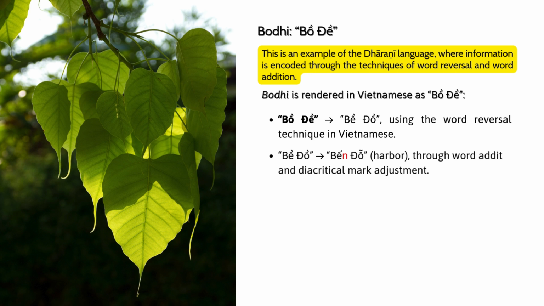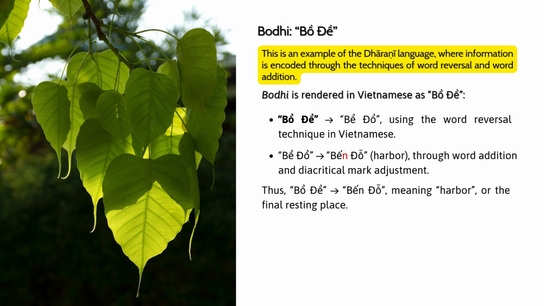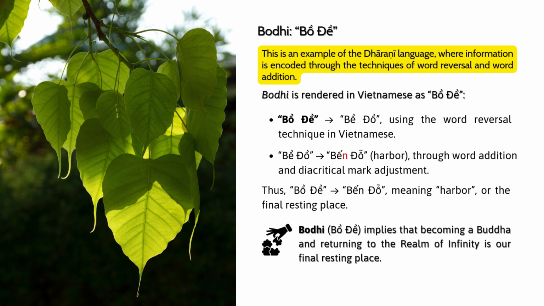With Bido, by adding the letter N and adjusting the diacritical mark, it becomes Bendo, harbor. Thus, Bode, when decoded, becomes Bendo, meaning harbor, or the final resting place. Therefore, Bodhi, Bode, implies that becoming a Buddha and returning to the realm of infinity is our final resting place.